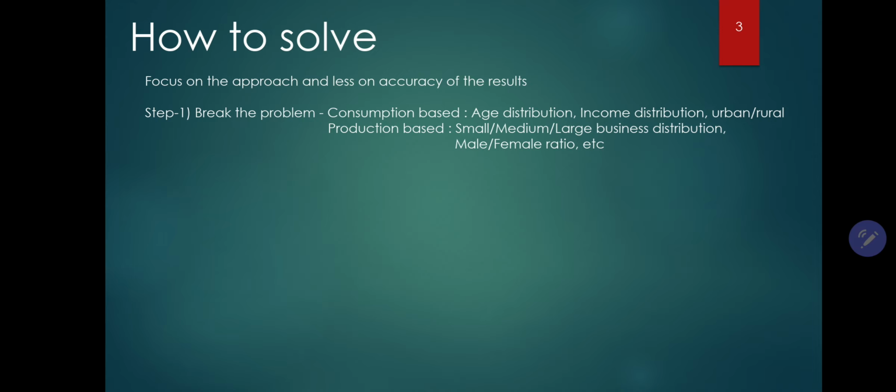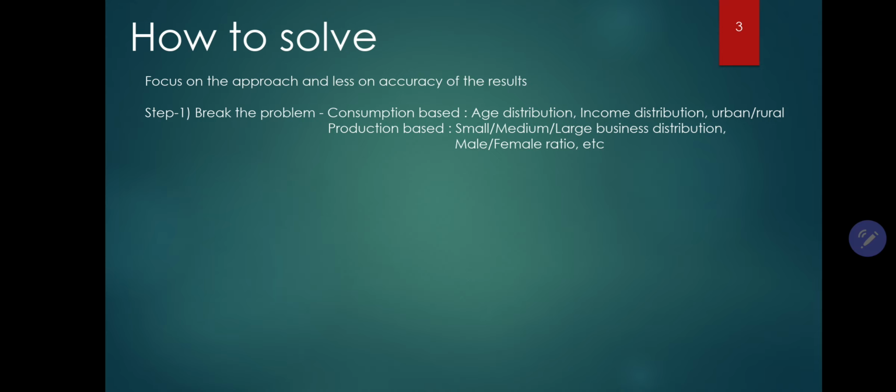Right? And if it is production based, let's say the number of cars manufactured in India in a year, for such kind of problems you can use the business distribution.